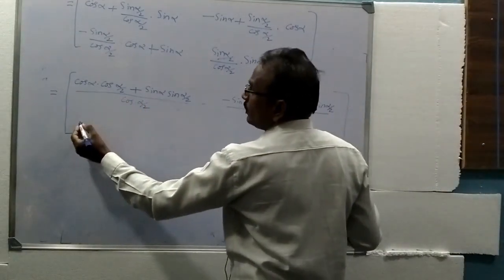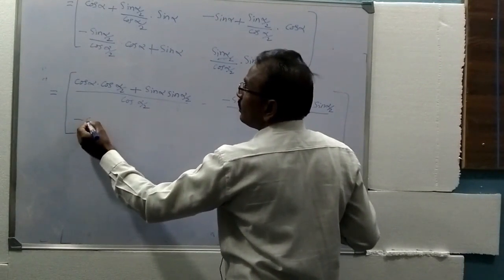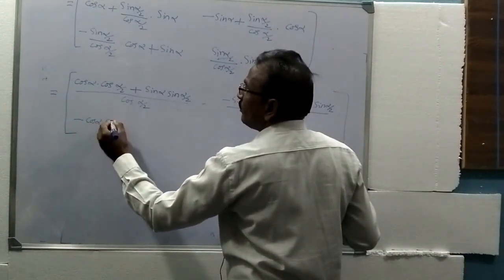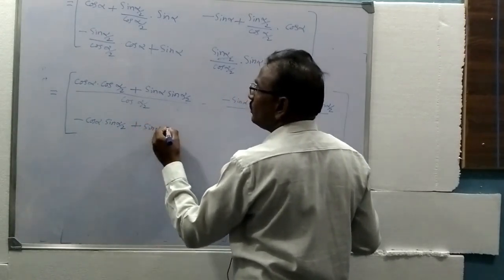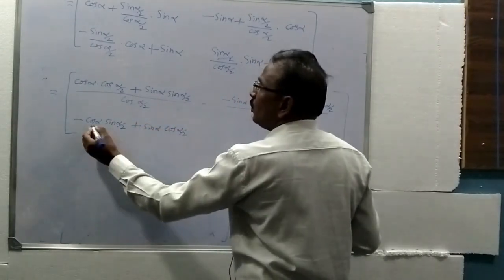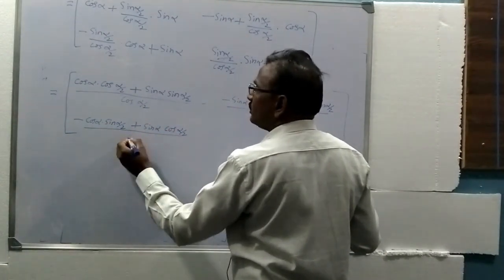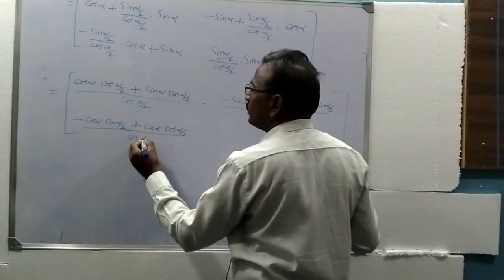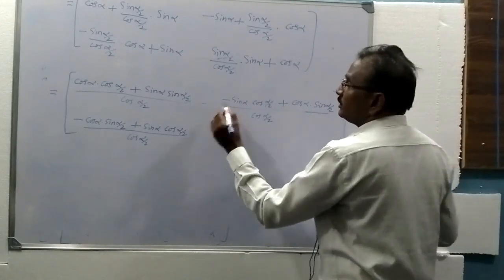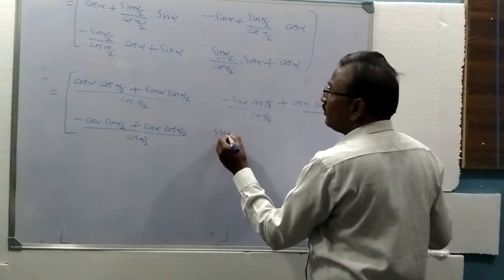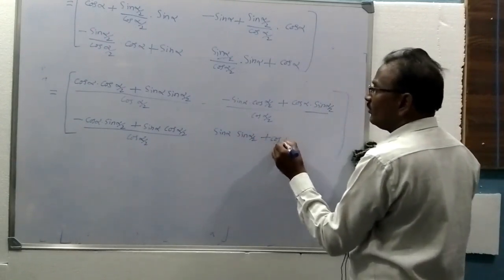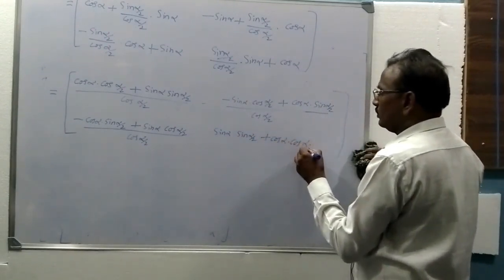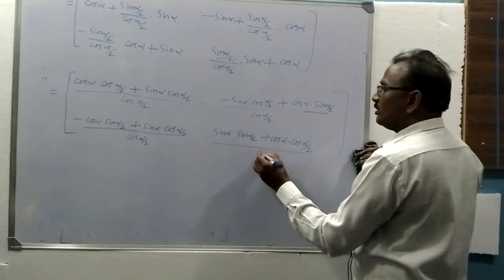In the second row, minus cos alpha into sin alpha by 2 plus sin alpha into cos alpha by 2, whole divided by cos alpha by 2. Next, sin alpha into sin alpha by 2 plus cos alpha into cos alpha by 2, divided by cos alpha by 2.